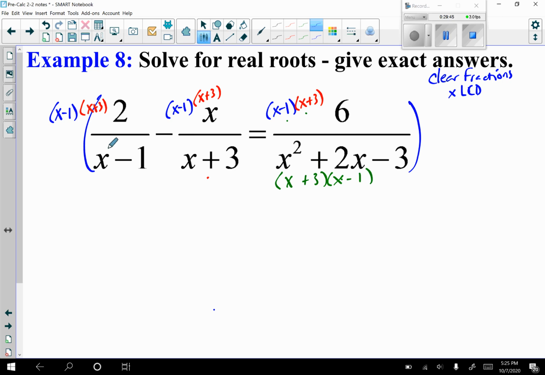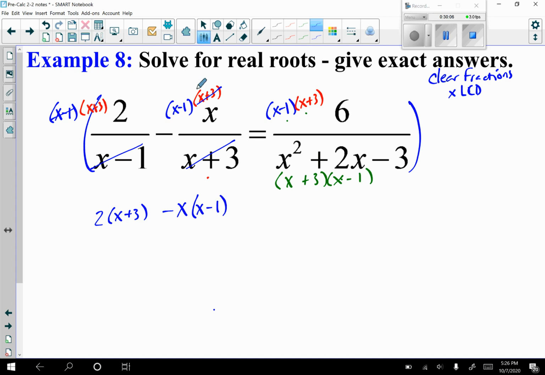This first fraction, the x minus 1's cancel, and we are left with 2 times x plus 3. 2 times the other piece it didn't have. Next one, minus x on top. The x plus 3 cancels. We multiply by x minus 1.